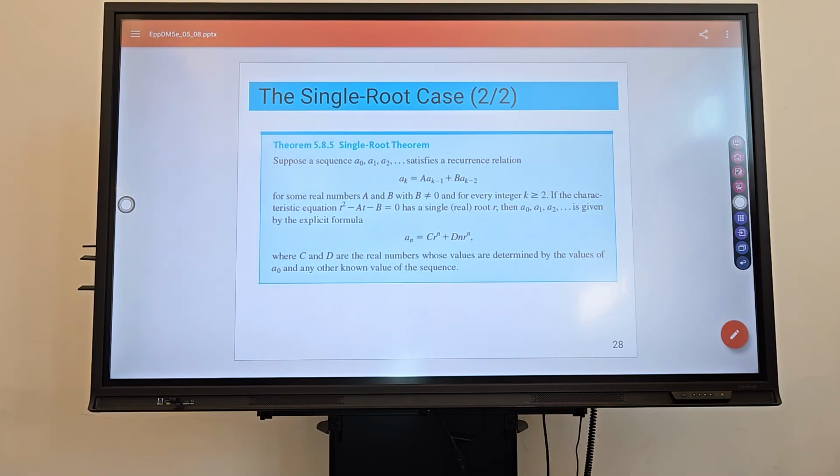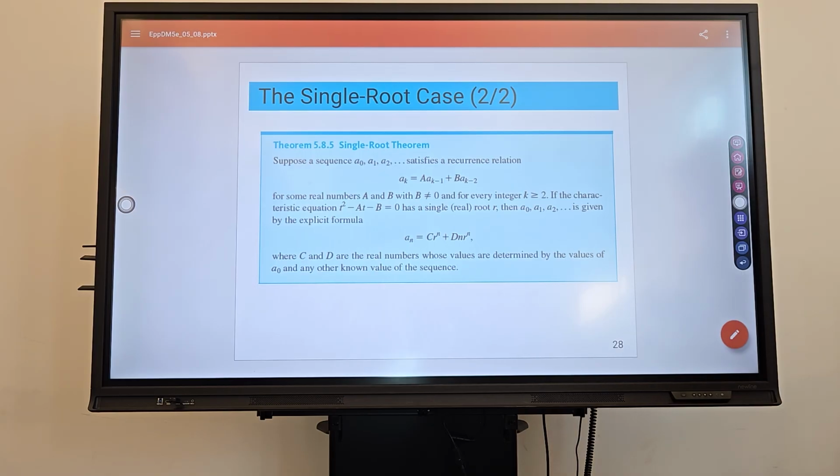Single root theorem. Suppose a sub k, the sequence A, satisfies this recurrence relation for some real numbers a and b, with b not equal to 0, for every integer k greater than or equal to 2.